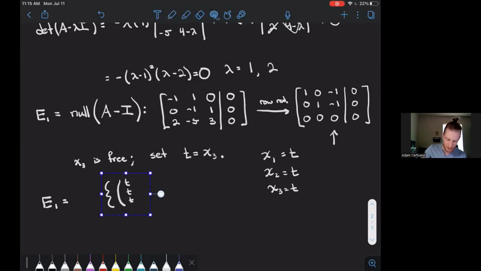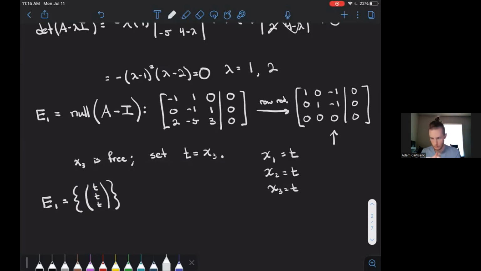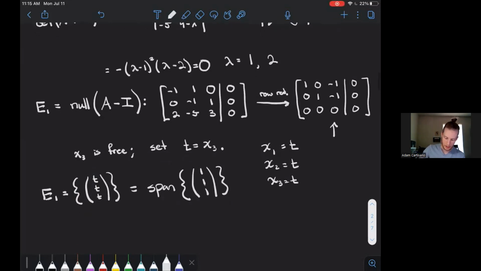And that subspace has a basis of a single vector, 1, 1, 1, or 2, 2, 2, or 10, 10, 10, it doesn't matter. We're looking at the span. So this is a basis vector for the eigenspace, and this is what your final answer will look like.